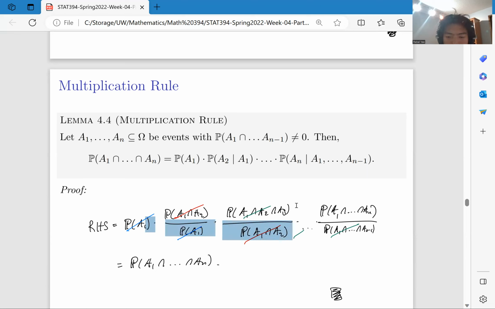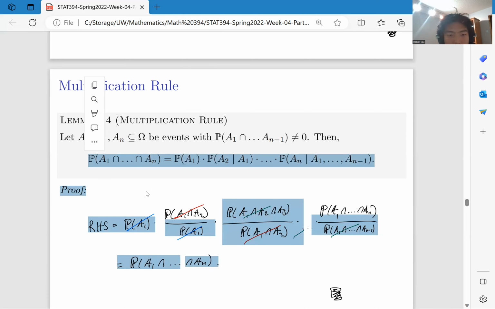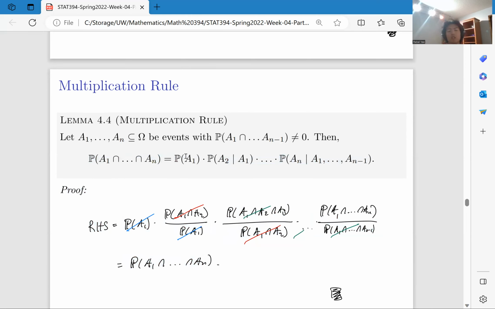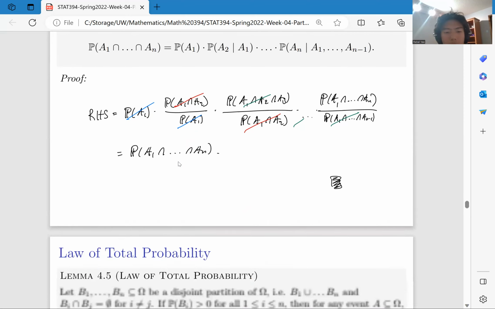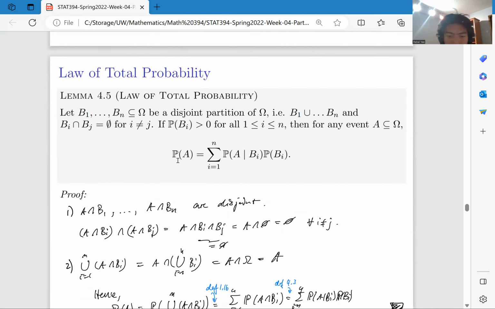If we write out all of these terms, we find that we can cancel each term one by one, and the last remaining thing is the last term, A1 intersection through An, which is just the left-hand side. So we've done the proof, and this is a really important formula that we can use in many questions later, and we'll see it as we encounter them.